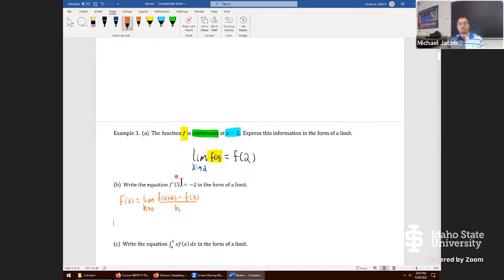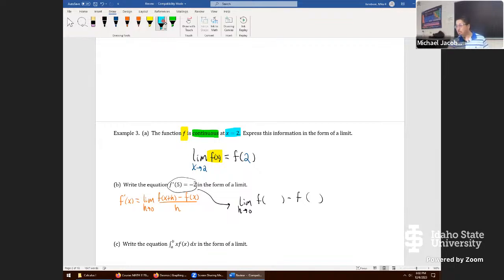So if we're going to try to write this information down in the form of a limit, we'll first focus on that region, f prime at 5. That's going to be replaced right here. And we'll say this is the limit as h itself goes to 0 of f of something minus f of something.